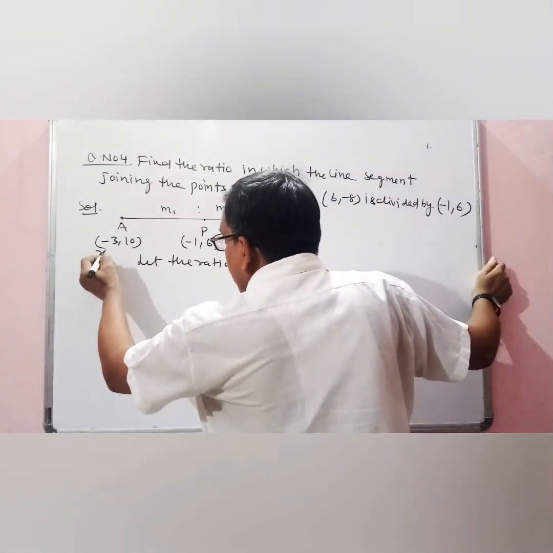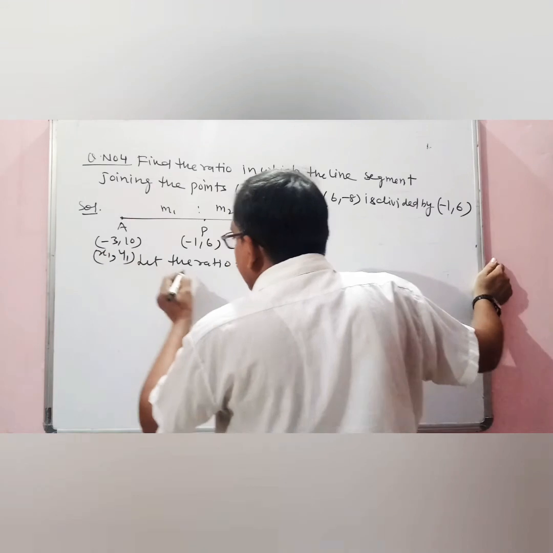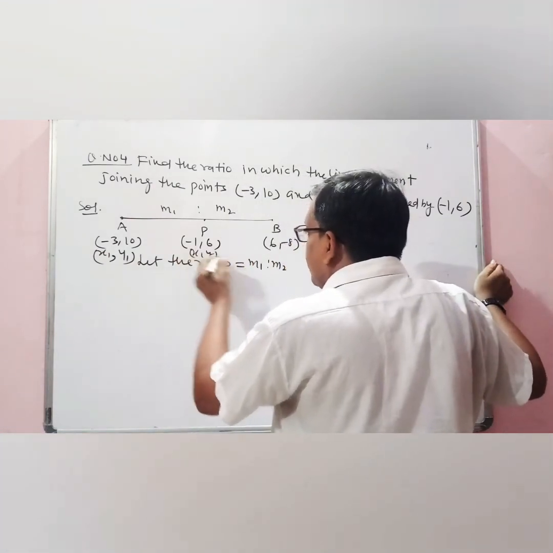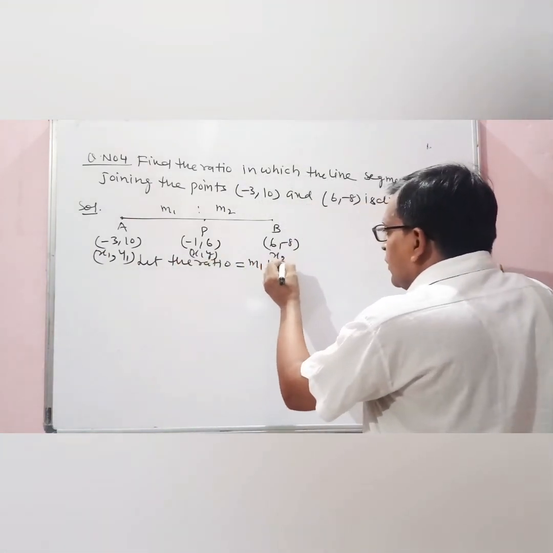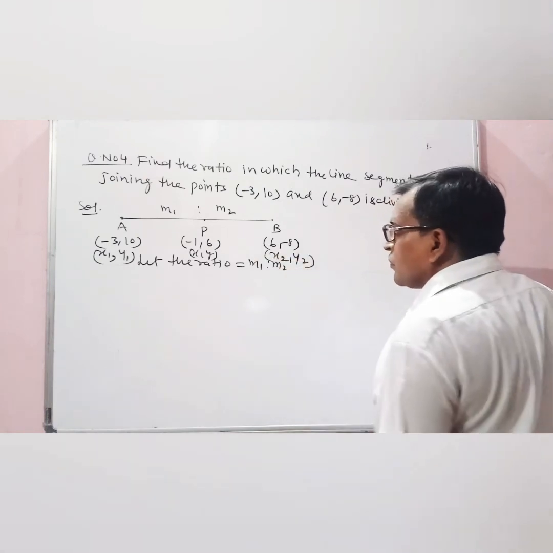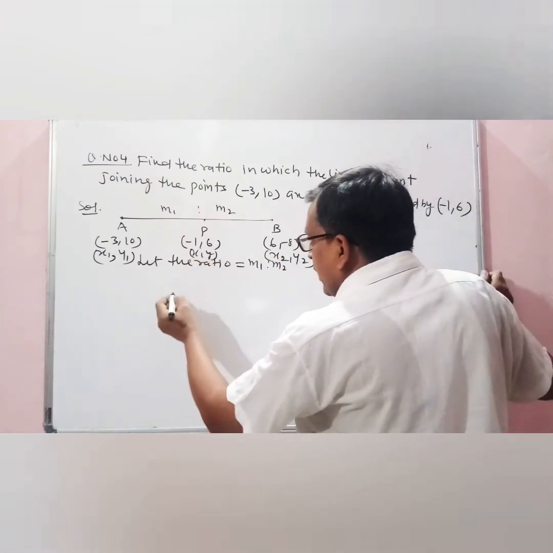Here we write x1, y1. Here x, y. Here we write x2, y2. Here you see x equals minus 1 is given.